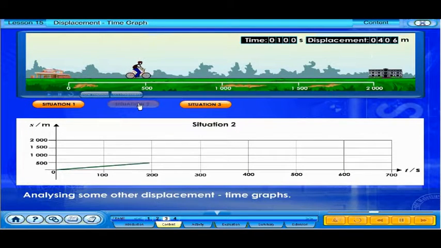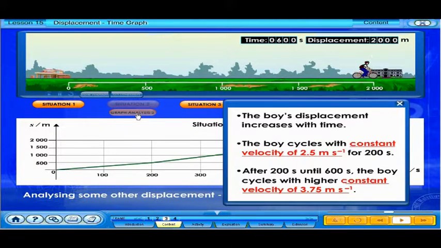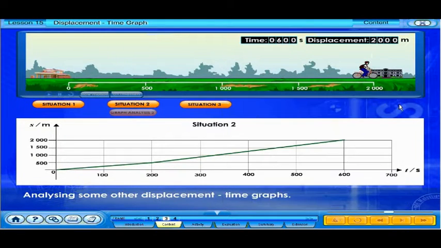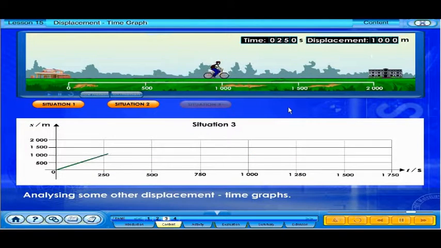Describe the boy's motion. Click the Graph Analysis 2 button. Click on the Situation button. Describe the boy's motion. Click the Graph Analysis 3 button.